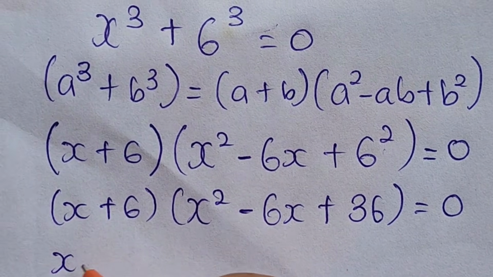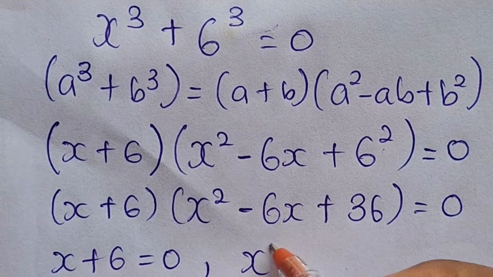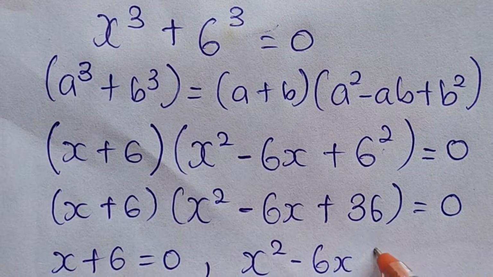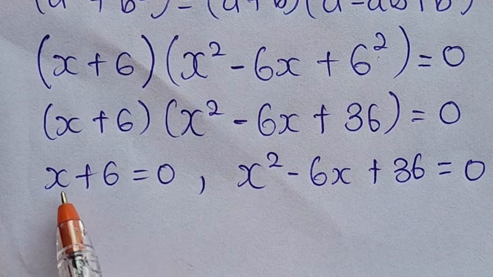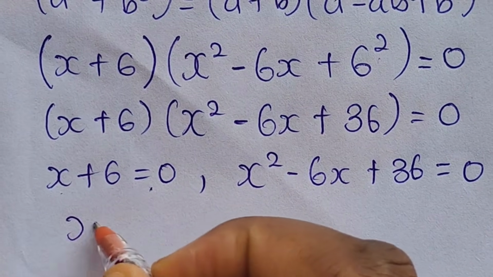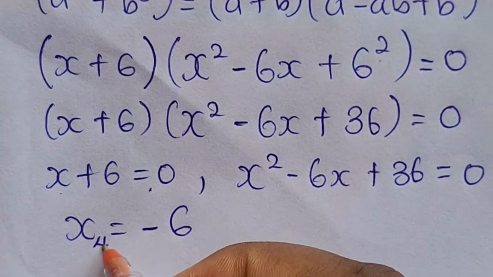So we have that x plus 6 is equal to 0, and x squared minus 6x plus 36 is equal to 0. So resolving this linear equation, we have x equal to minus 6. So this is our x4.